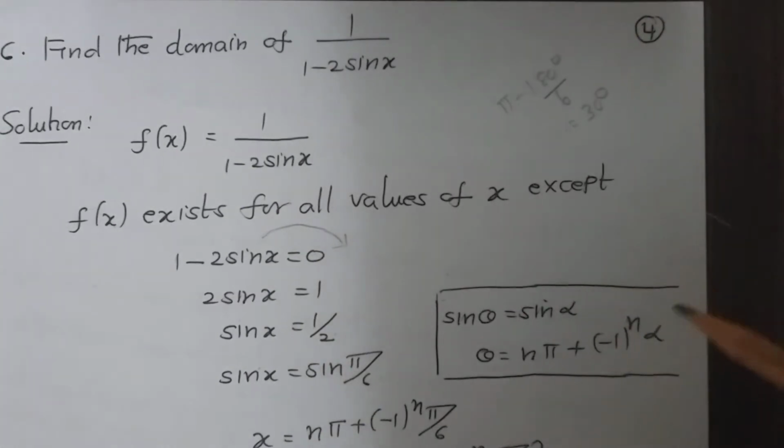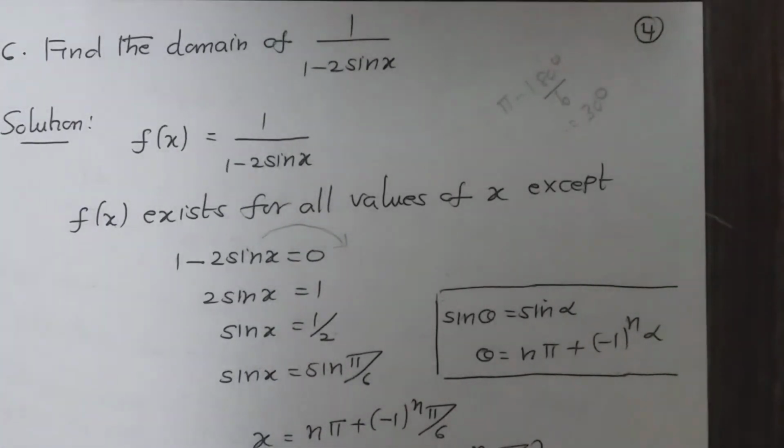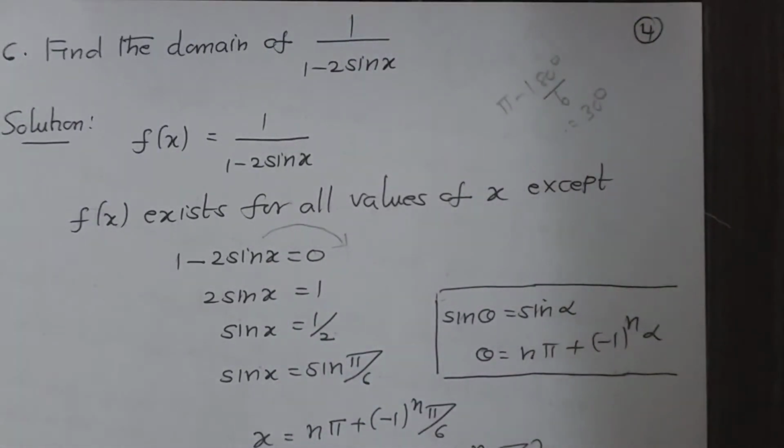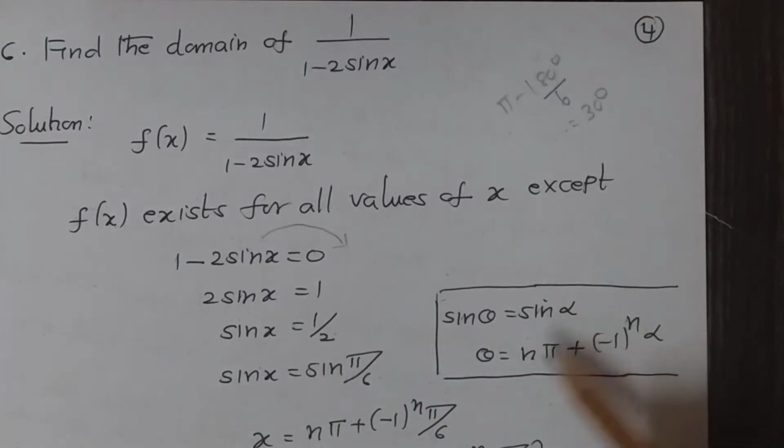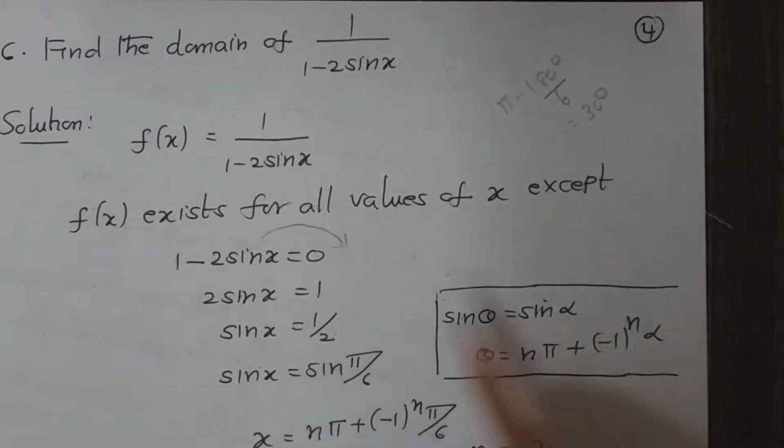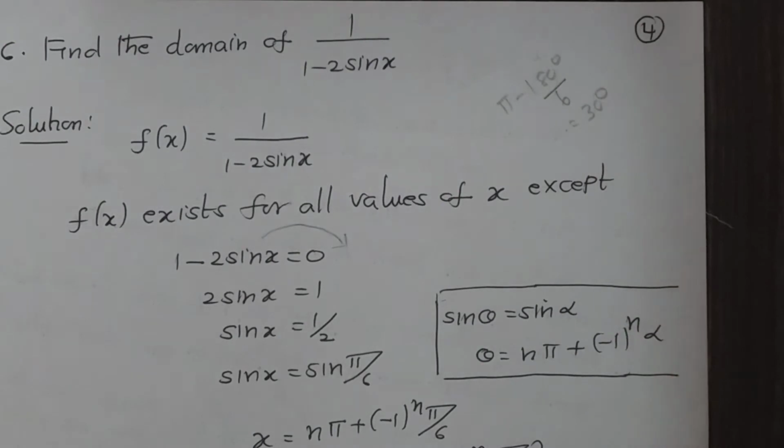Anyway, you are going to study trigonometry and all these general solutions also. This looks like sin theta is equal to sin alpha, so instead of theta we can take this. So if you compare this equation with this equation, instead of theta we have x. So x is equal to n pi plus minus 1 whole power n into alpha.